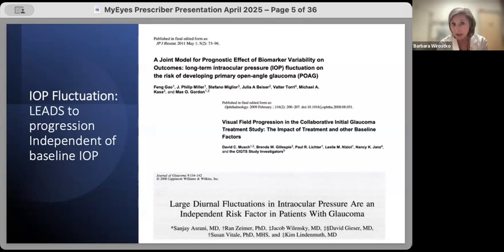So again, remember that number, 8.5, because you're going to see some patients that are fluctuating from 12 to 20. And even though they're normal, that amount of IOP change could actually be causing damage and progression.